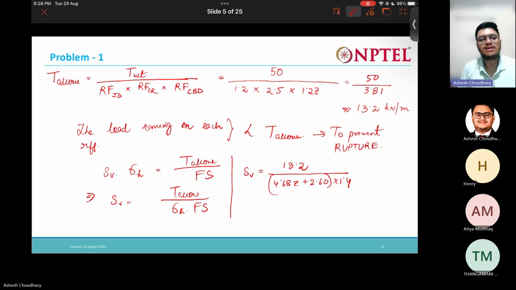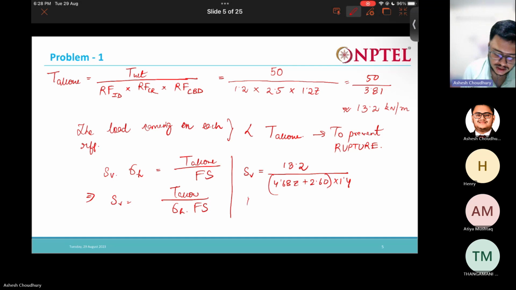Now, what is the height of the wall? 6 meter. We are to construct a 6 meter high wall, so the maximum depth is 6 meters. So now let us find the spacing for 6 meter depth.